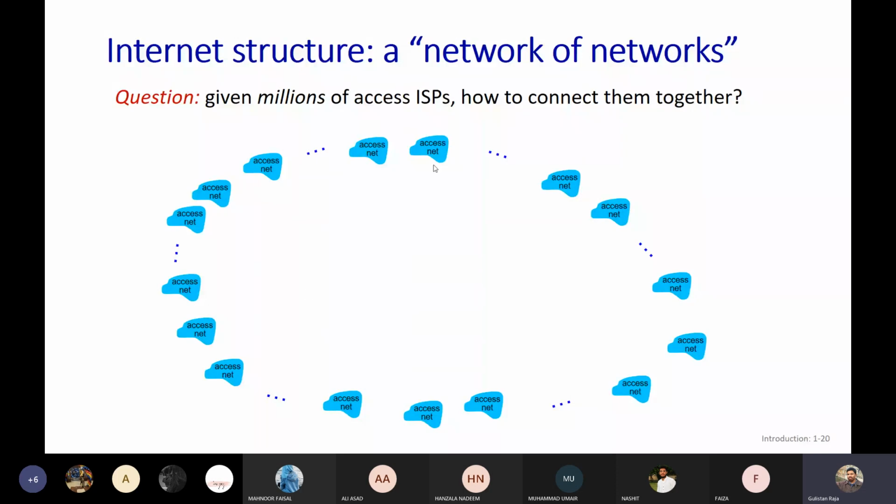If we try to connect them with each other, it means that each access network will have a connection to every other access network. Is it like this? If they want to transmit packets to each other, each access network should have a connection to every other access network. Ji, do you agree?